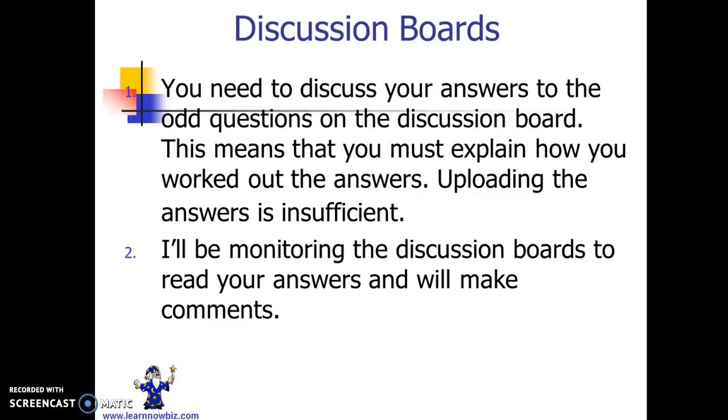Just giving me the answers is not sufficient. You must fully explain them so that other people who are looking at the answers can see whether they understand what you have given them. I'll be monitoring the discussion boards to read your answers, and in turn I will make some comments to further explain your answers or indicate whether you're on the right track or not.